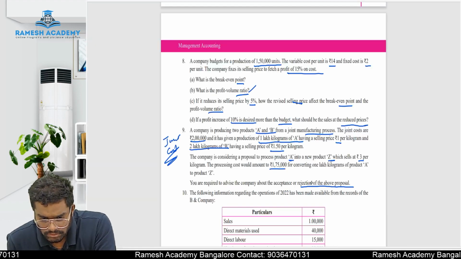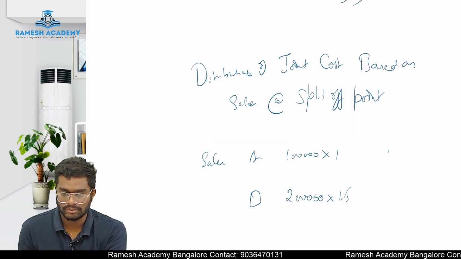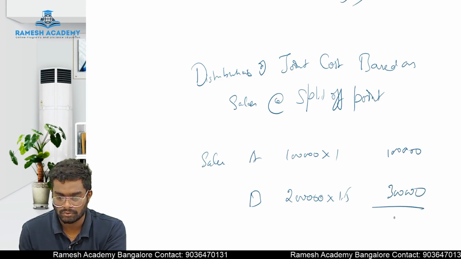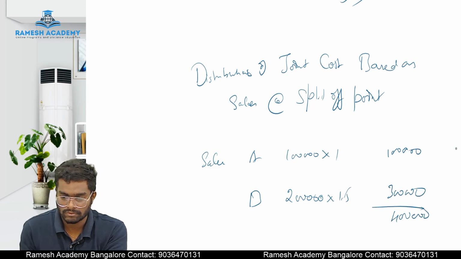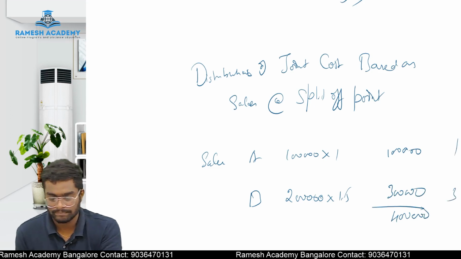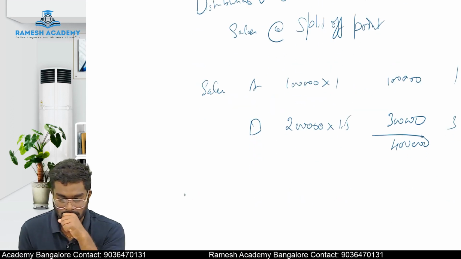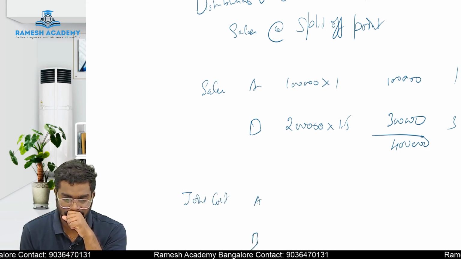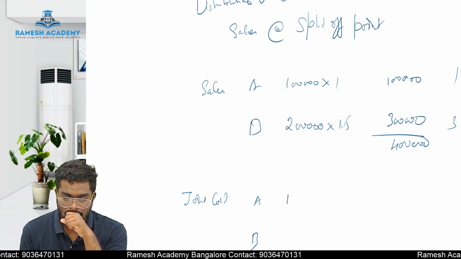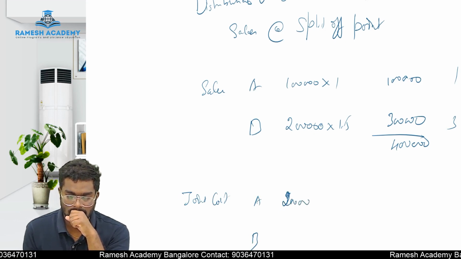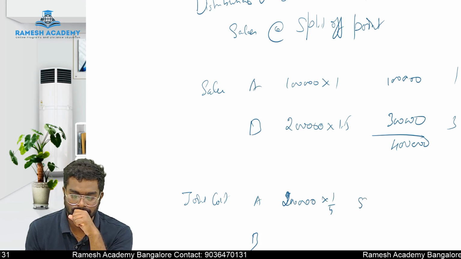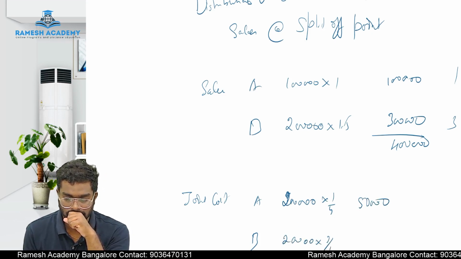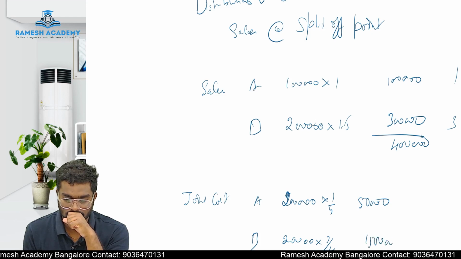It is 1 lakh and 3 lakh, so total 4 lakh. So the ratio is 1:3. So joint cost for A and B: for A it will be 2 lakh into 1/4, which is 50,000. For B it is 2 lakh into 3/4, which is 1,50,000.